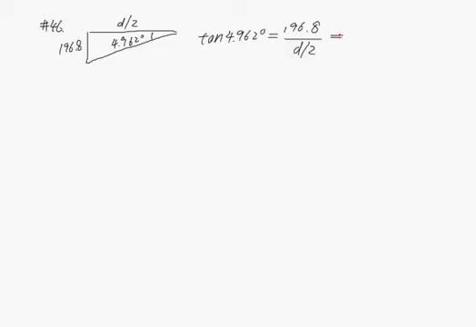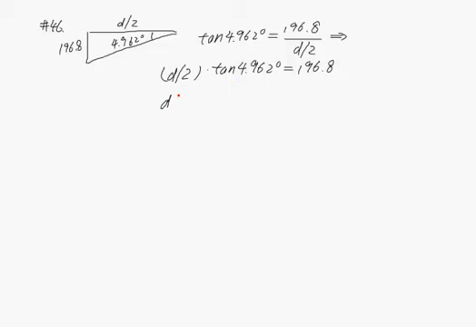Now we multiply both sides by d over 2, then we get d over 2 times the tangent of 4.962 degrees equal to 196.8. Then we divide both sides by the tangent of 4.962 degrees.